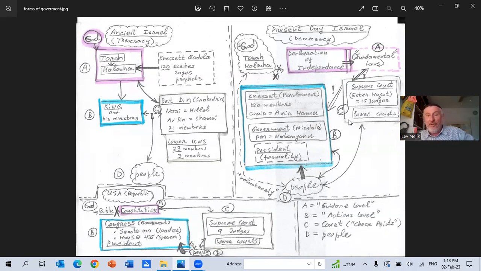But in modern Israel, it depends on what people do, because people now elect these bodies, not God setting it up, with people following the rules established by the king and Beis Din. But in a modern society, it's the opposite. People select the Knesset.